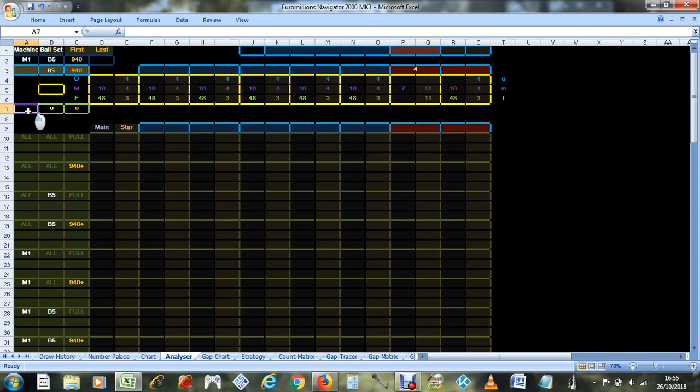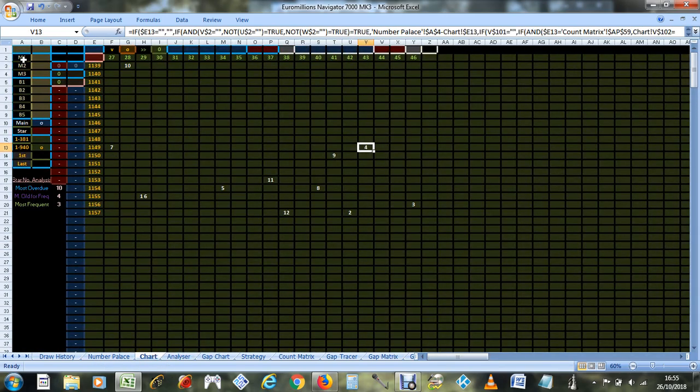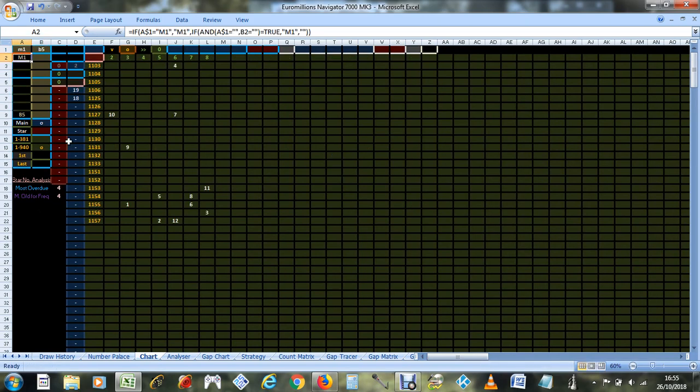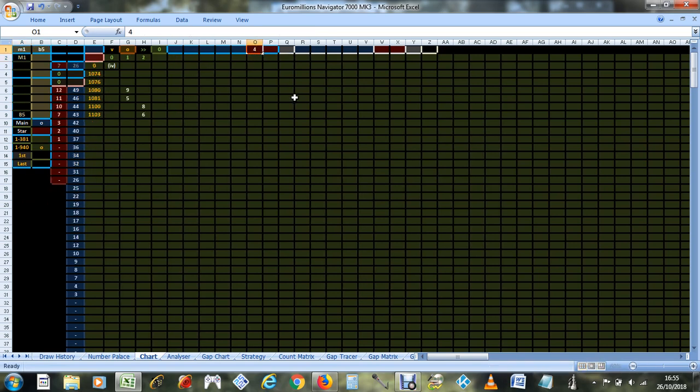Now that's just for that set of balls. If we look at machine 1 as well, now nothing turns up as most outstanding, probably because if I look at that on the chart, then it's very small, so nothing stands out.